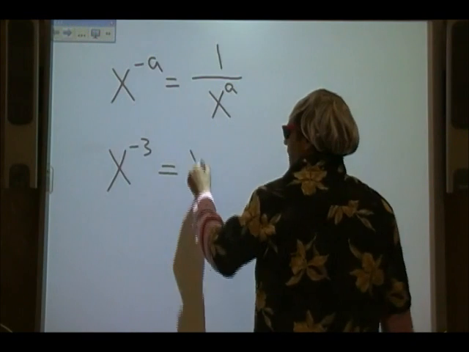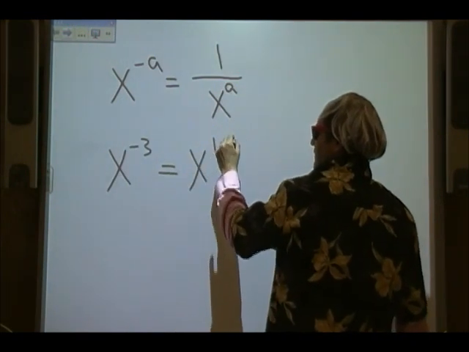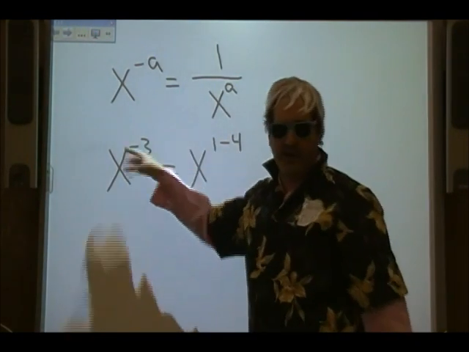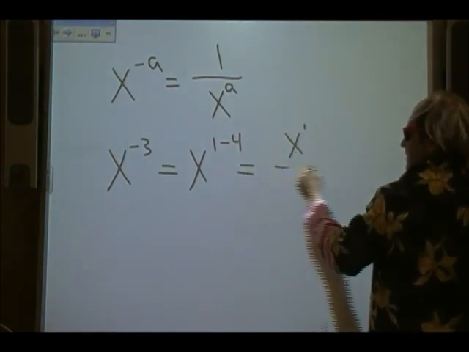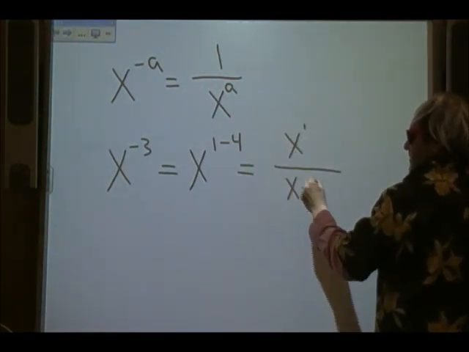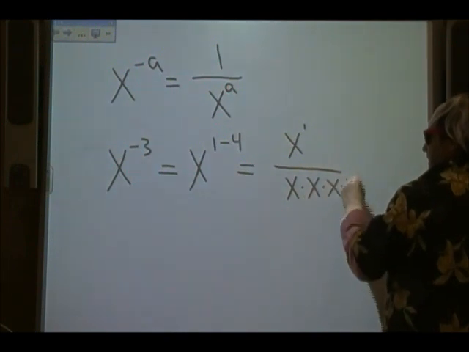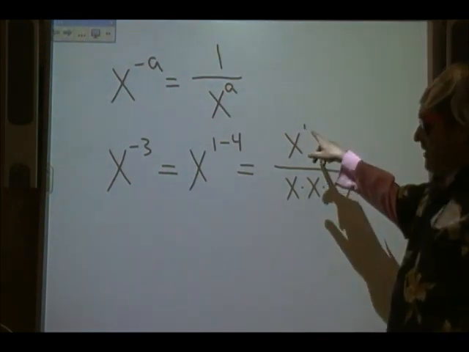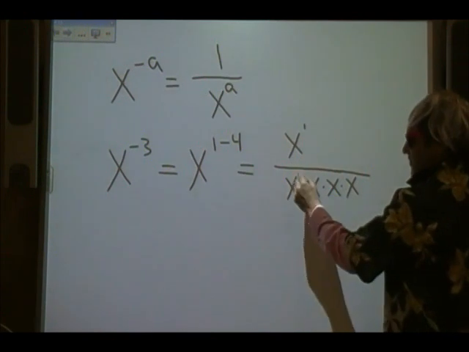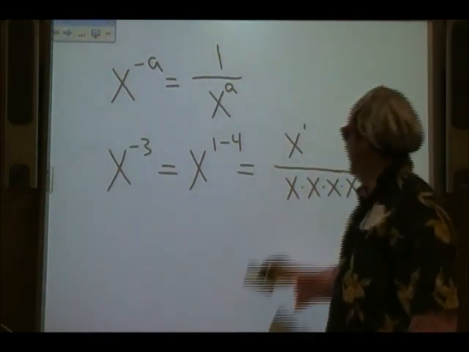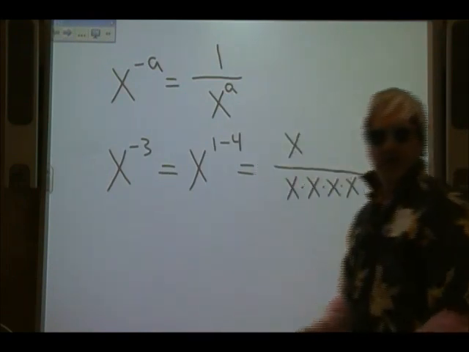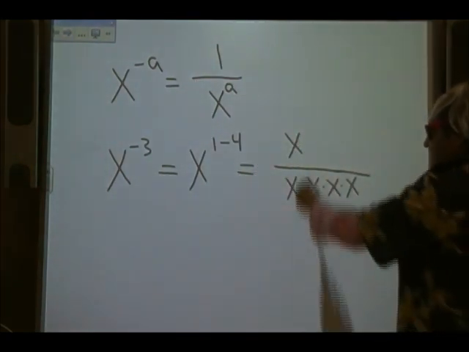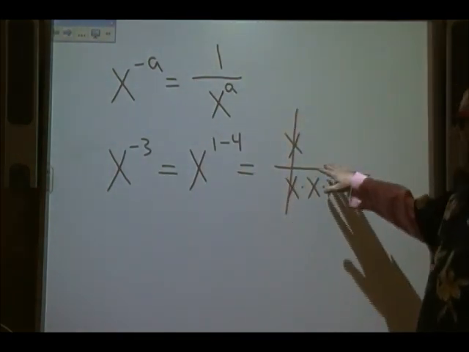So I know 1 minus 4 is negative 3, right? So that means this is x to the first power over x times x times x times x. It's 4 against 1. These all have hidden 1s on them, so you don't even need the 1. Now they fight.